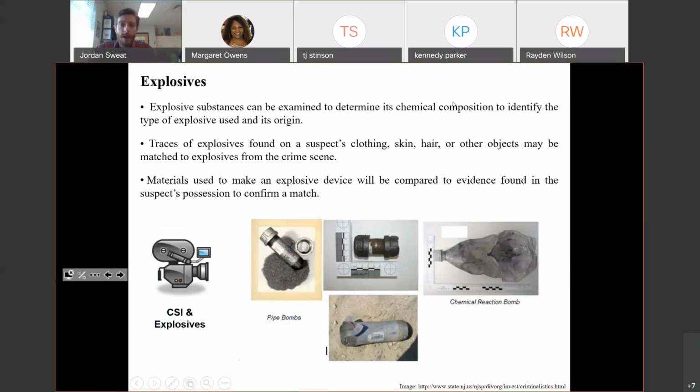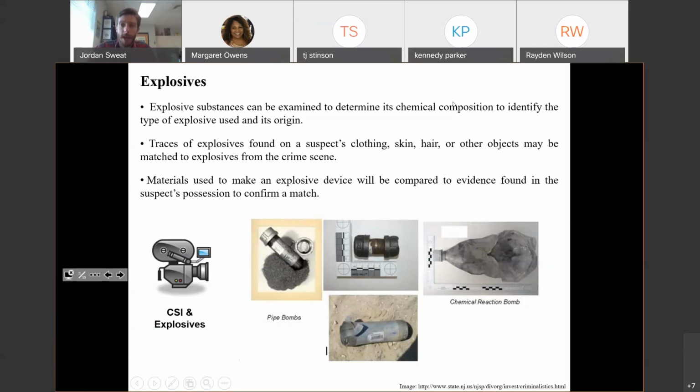Whenever we talked about explosives, the first thing we try to do is examine those to determine their chemical composition, which would identify the type of explosive that it was. So with this example, we've got pipe bombs and chemical reaction bombs, which have two completely different chemical compositions. And the traces of those bombs, so the ingredients, are forms of physical evidence.